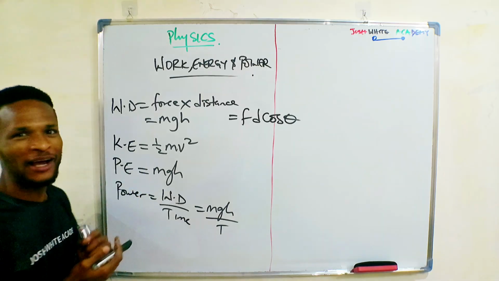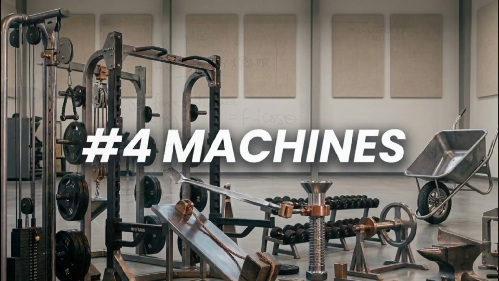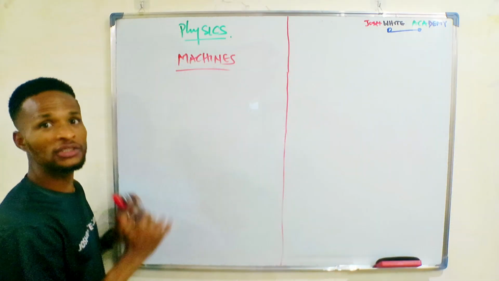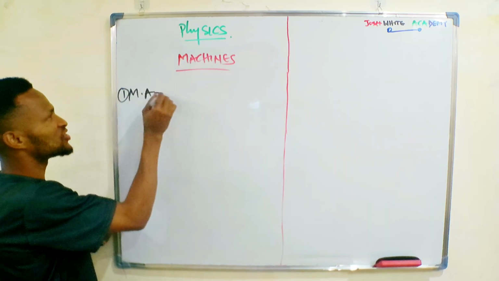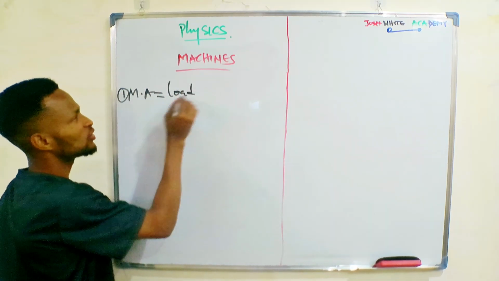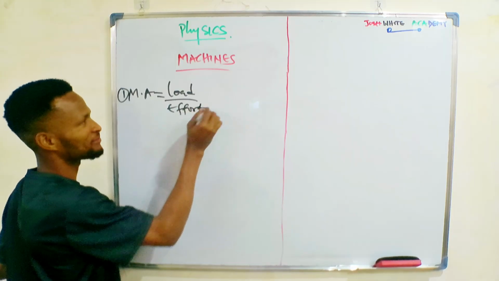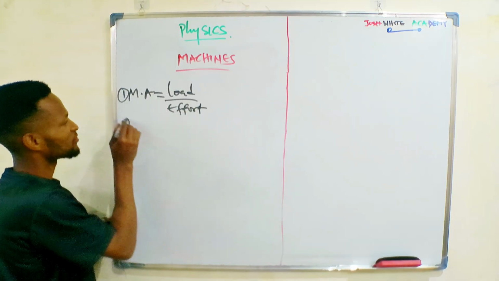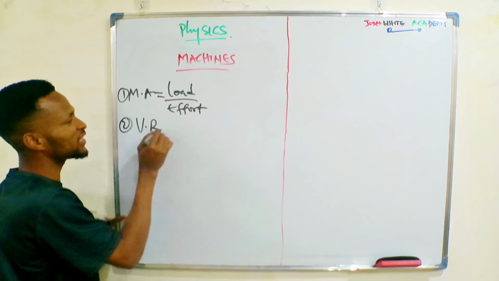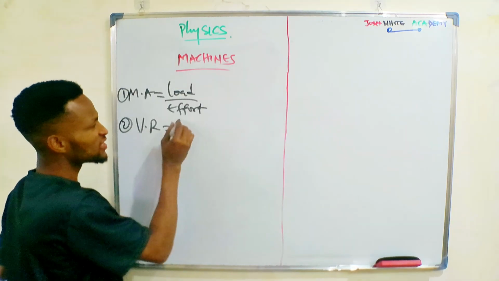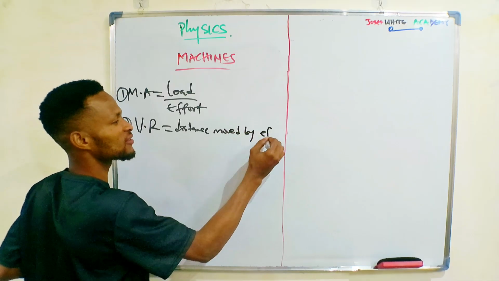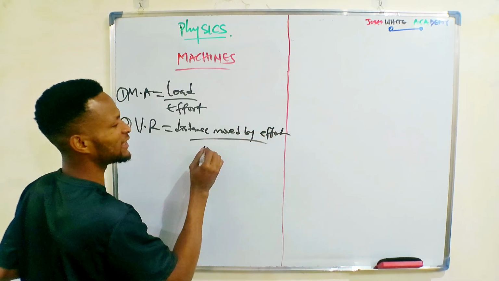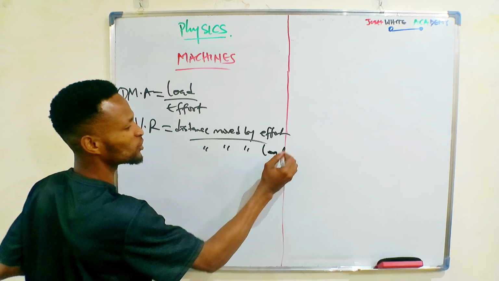So now we'll be talking about machines. Under machines, we have mechanical advantage, which is equal to load divided by effort. We also have velocity ratio, which is distance moved by effort divided by distance moved by load.